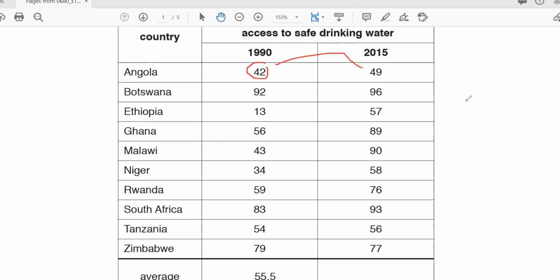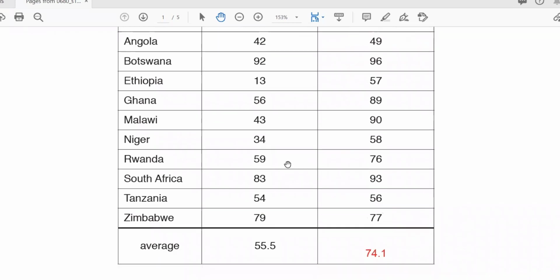So which country is that? The last one, Zimbabwe. Before, in 1990, they had 79%, but after almost 25 years, how much do they have? 77%, meaning a 2% decrease. There can be multiple reasons, but right now the question is in which you can find the decrease.